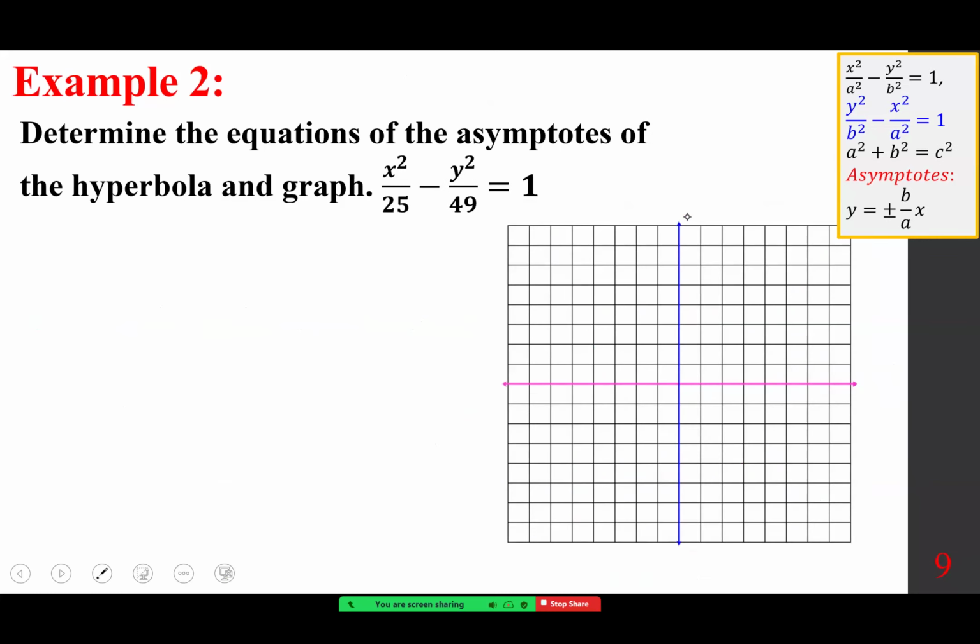Let's look at another example. Determine the equation of the asymptotes of the hyperbola and graph it. Again, we're going to compare to that. And you notice that a squared is 25, b squared is 49, which makes a equals 5, b equals 7. Again, it is centered at 0, 0.